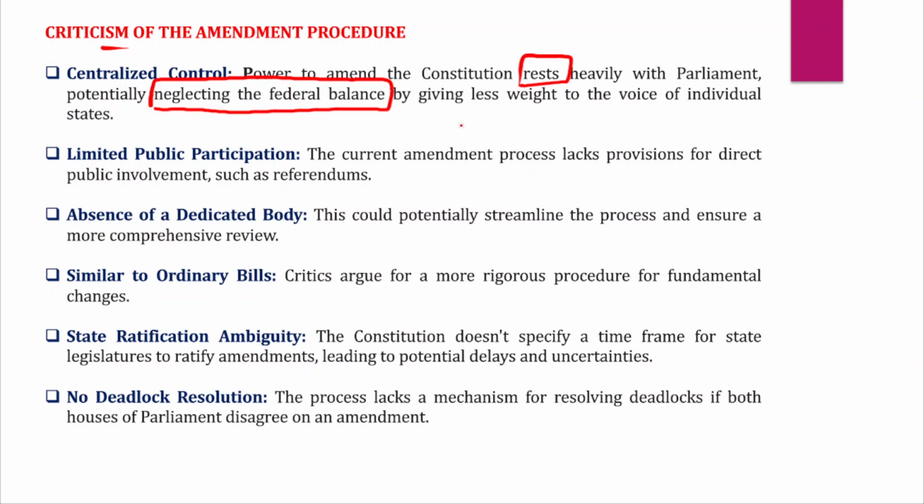However, Article 368 of the Indian Constitution talks about the amendment procedure of the Indian Constitution. So one type of amendment of the Indian Constitution requires a special majority in the parliament. Along with the special majority in the parliament, ratification by half of the state legislatures is also required for a constitutional amendment bill to become a constitutional amendment, right?